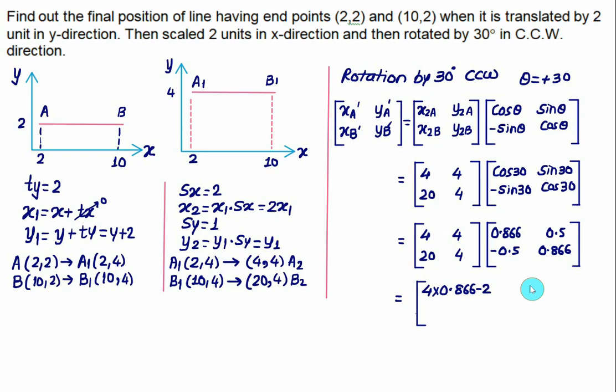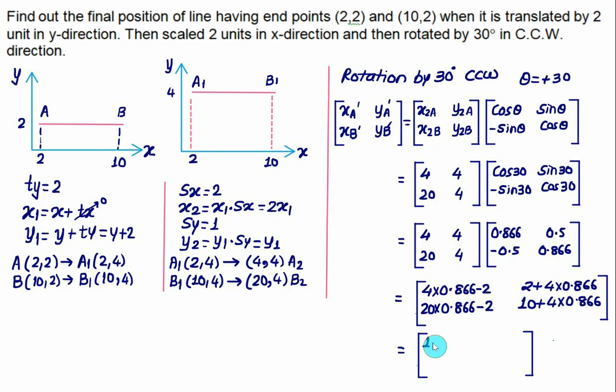Then we have 4 into 0.5, which is 2, plus 4 into 0.866. Then 20 into 0.866 minus 4 into 0.5, which is minus 2, and 20 into 0.5 is 10, plus 4 into 0.866.